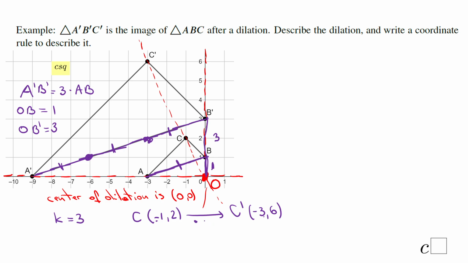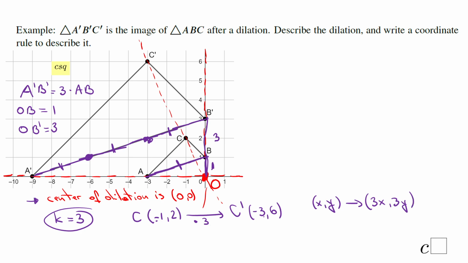By multiplying by 3. Let's check if that works for the y coordinate. 2 times 3 is 6. So one more time we notice this is the scale factor. So more ways to take a look. So now we know it is a dilation by a scale factor of 3. So the center of dilation is the origin. The rule is (x, y) goes to (3x, 3y).